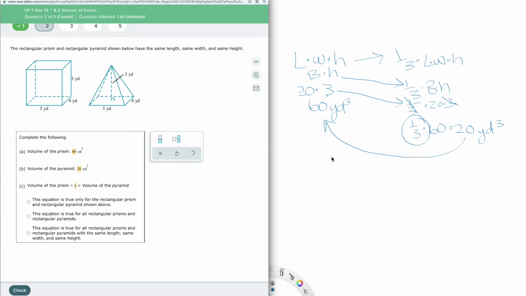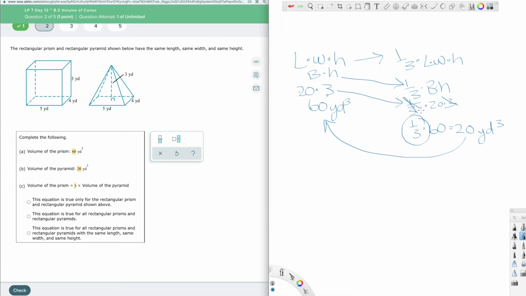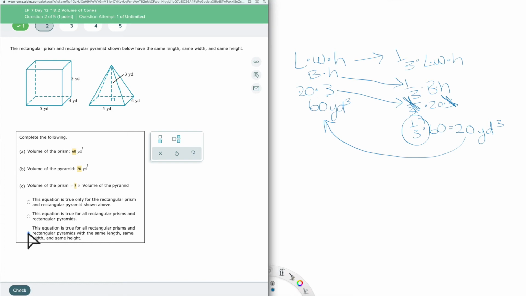And then this very specific relationship where it's 1/3 of the prism to the pyramid wouldn't work. It has to be the same length, width, and height. So they have to have those pieces the same. The only difference is that one is a pyramid and one is a prism. Okay? So that's one of those pieces.